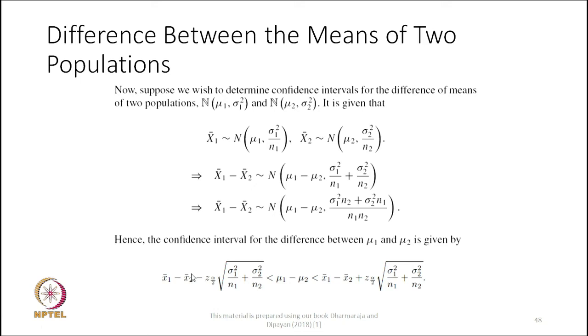So, apply the same theorem with the difference of the sample mean random variables, and you will get the interval estimation for mu 1 minus mu 2. That means the probability that mu 1 minus mu 2 lies in this interval is 1 minus alpha.